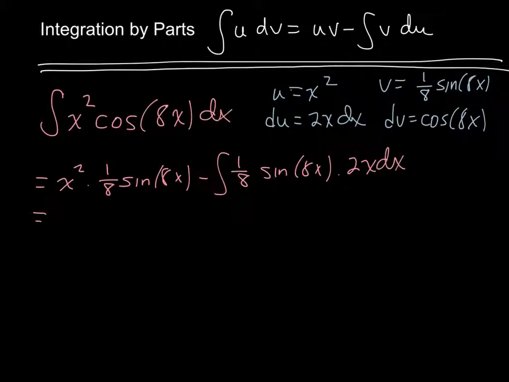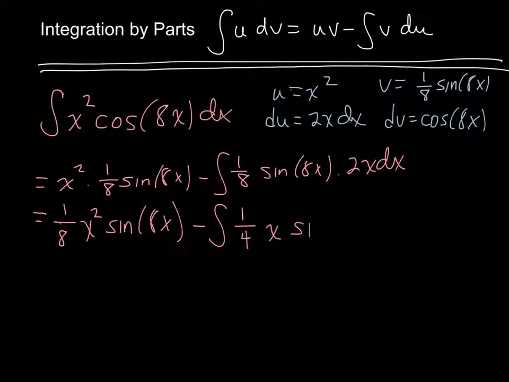So I have, let me just write this one as 1/8 x squared sine 8x minus, this is going to become 2/8 or 1/4, x sine 8x dx.